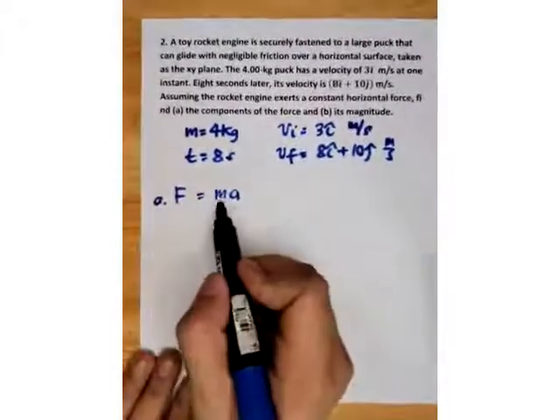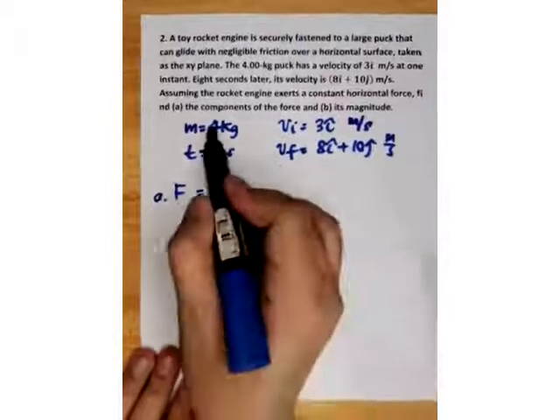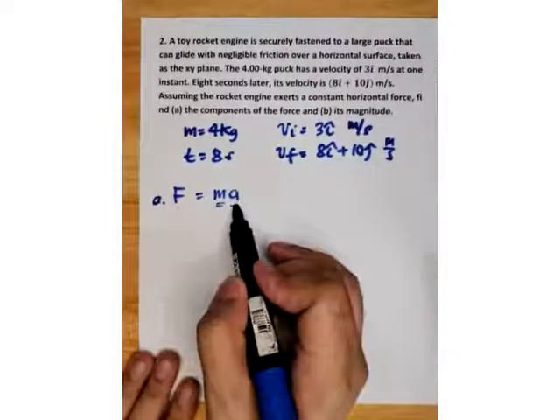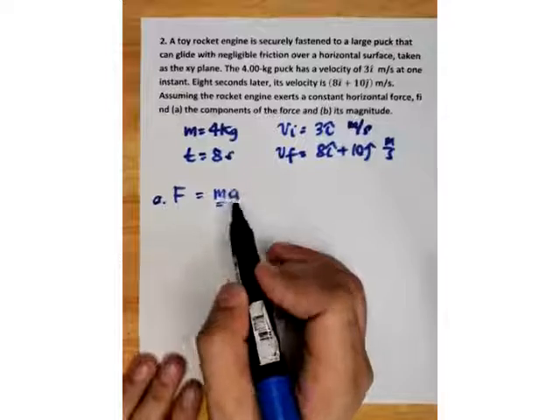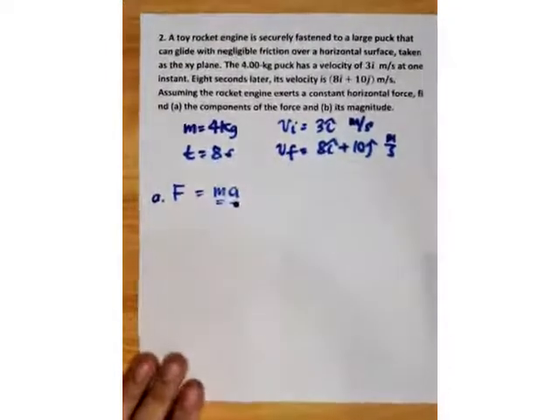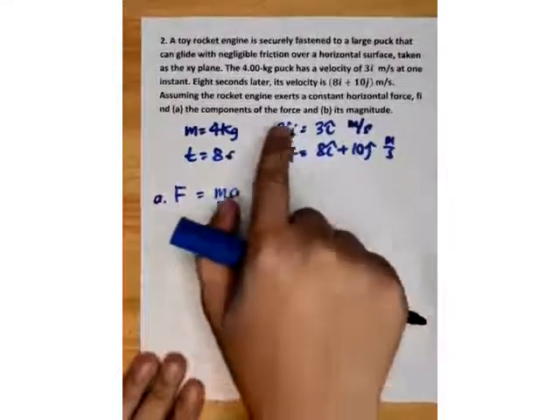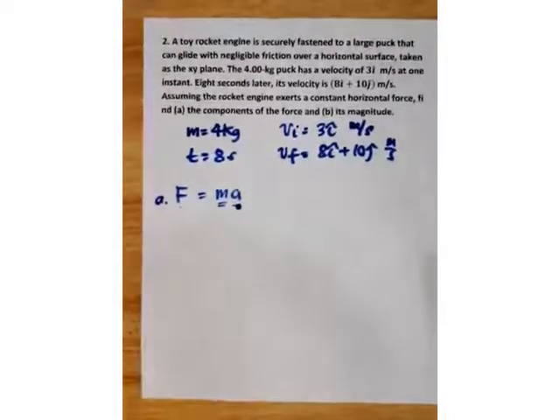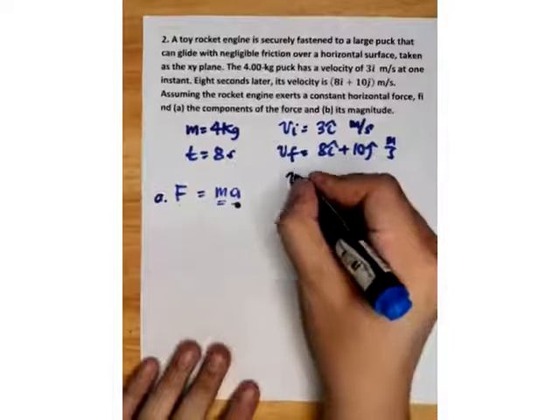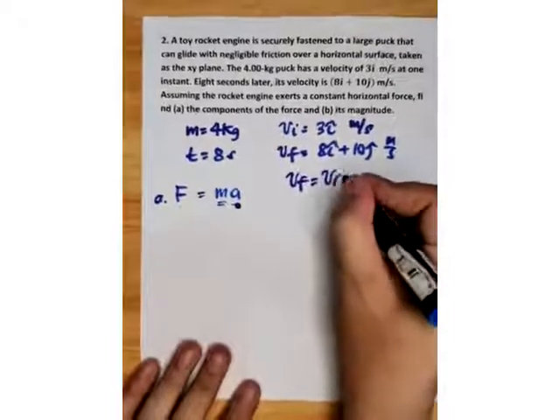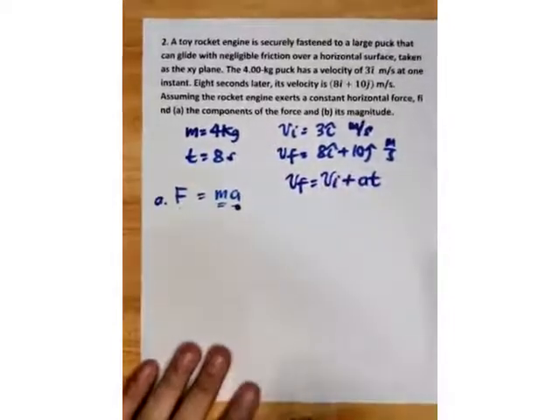To get the force, we have the mass, which is 4 kilograms. So we need the acceleration. That means we will get the acceleration from our kinematics. So in kinematics, what formula will we use to get acceleration? V final is equal to V initial plus at.